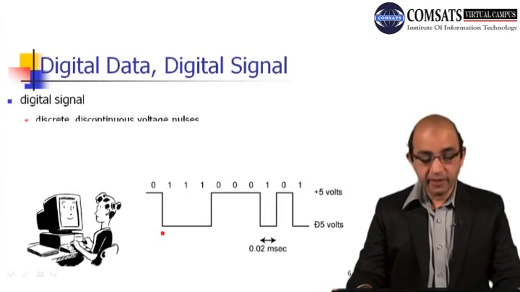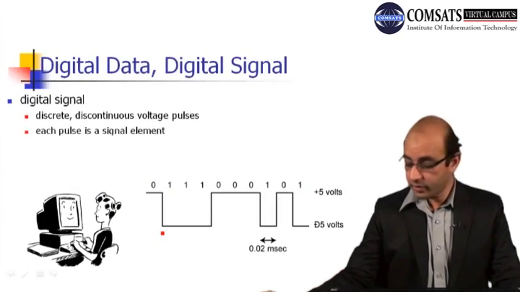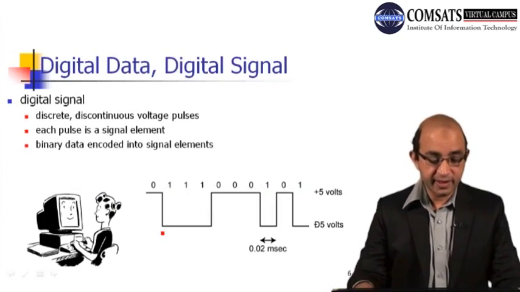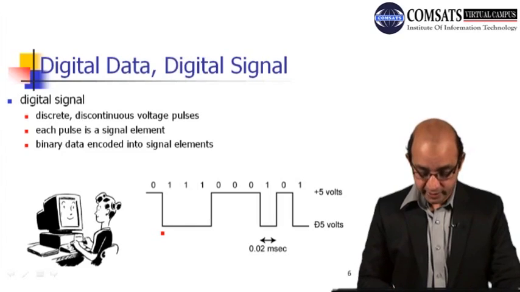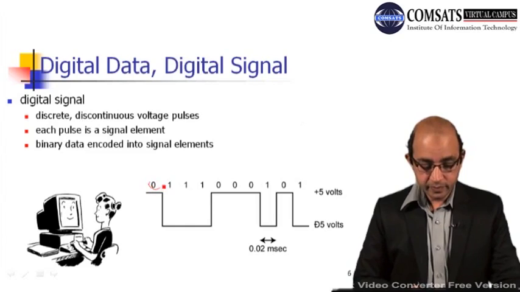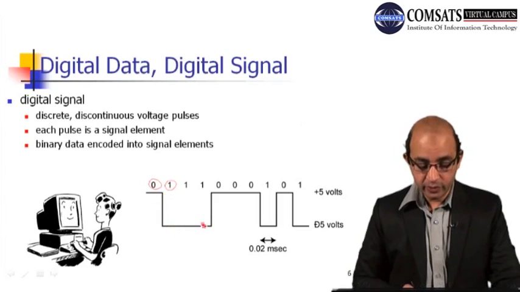So here is the graphical representation of digital data, discrete, continuous voltage pulses. Here is the data that we are going to represent by using digital signaling. You can see this is 1, so 0 is high and this one is low, it is still low, 1, and then again 0 is high.